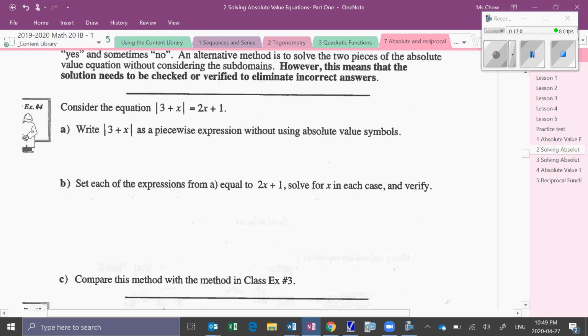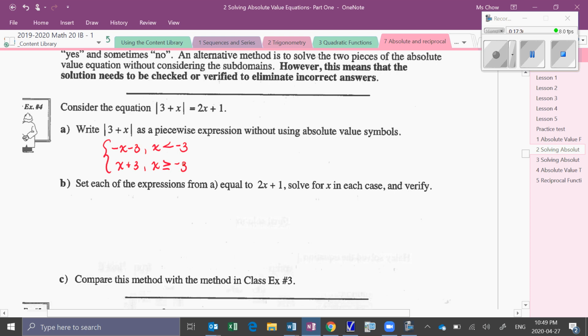So essentially, this particular method of going through it is looking at all of the possible what-ifs. So we are essentially saying, hey, the absolute value of 3 plus x as a piecewise expression we know is going to be -x minus 3 when x is less than -3, and it could be x plus 3, or 3 plus x, when x is greater than or equal to -3.